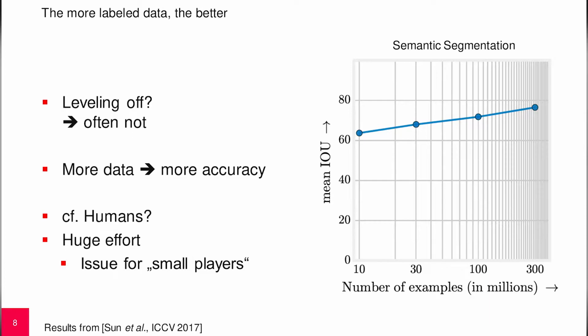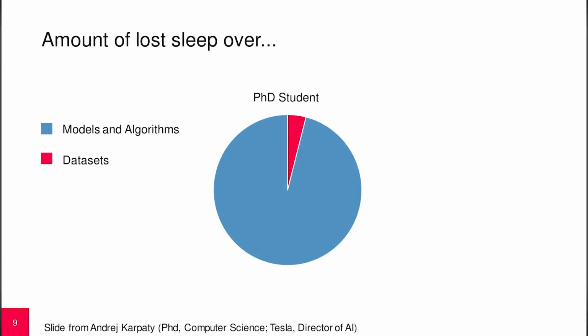And to make this last point in my motivation, I stole a slide from Karpathy, because he did his PhD in machine learning and computer vision, and later moved to Tesla, where he's now the director of AI. With this slide, he was comparing the amount of sleep he lost over models and algorithms versus over data sets.